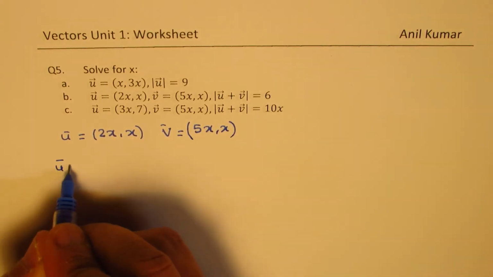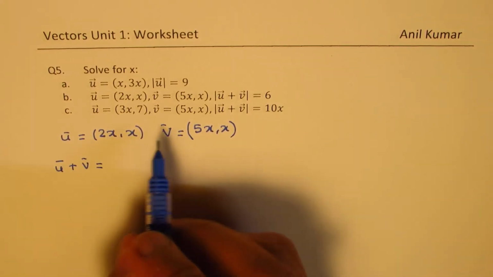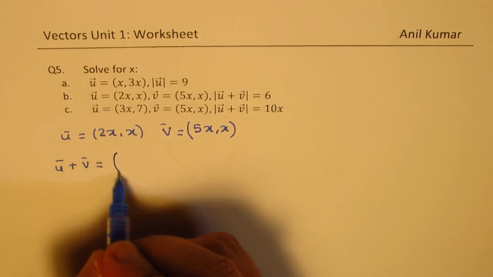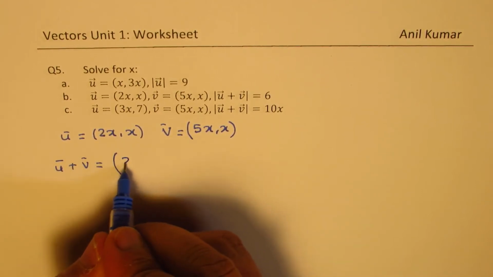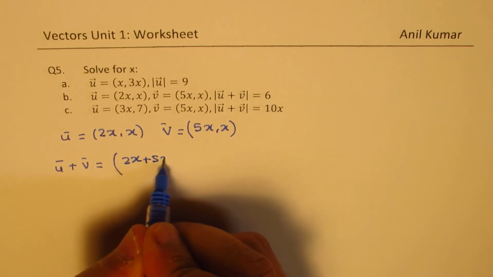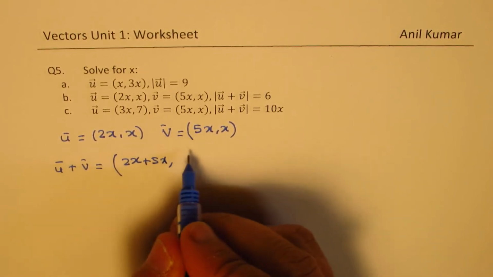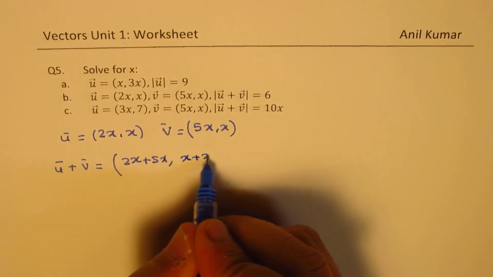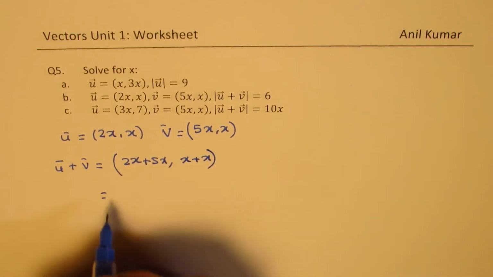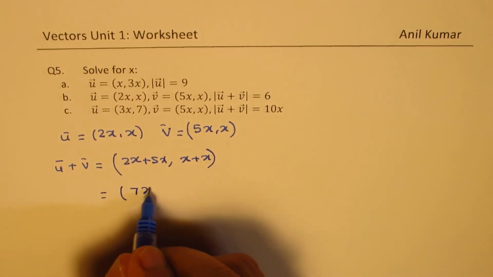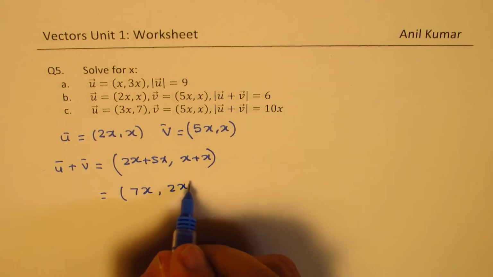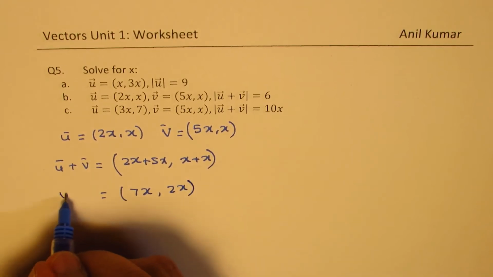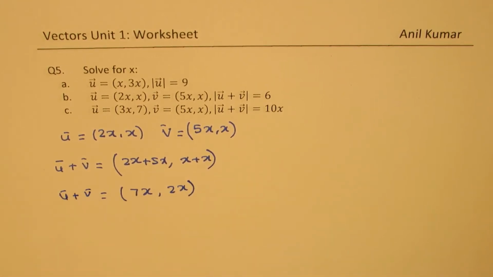So vector u plus vector v will be what? It will be 2x plus 5x and the y components x plus x, which we can write as 7x, 2x. So that is vector u plus v.